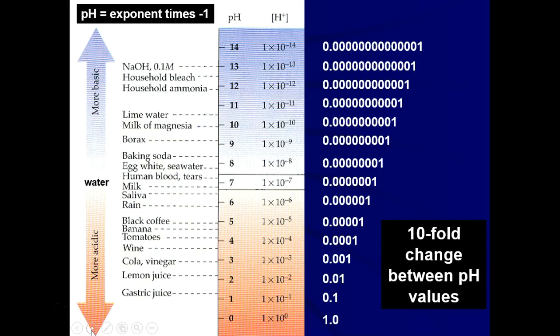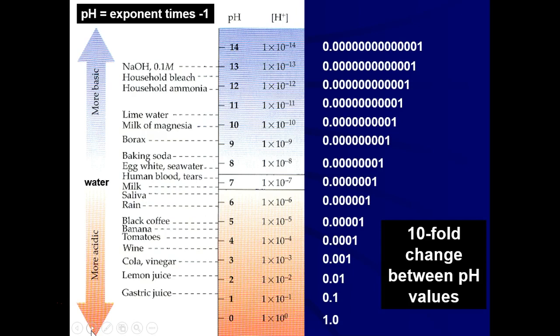So as you can see, when we look at acids, acids are any solution or substance that has a pH less than 7. And bases, sometimes called alkalis, have a pH that's going to be greater than 7.